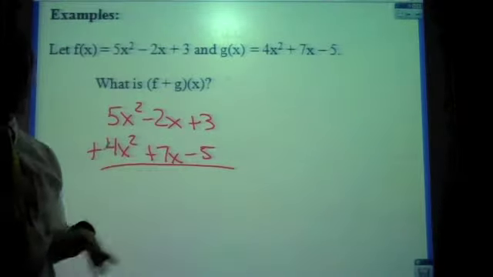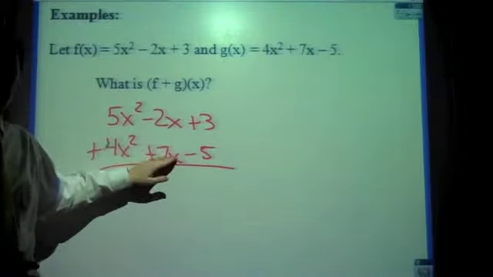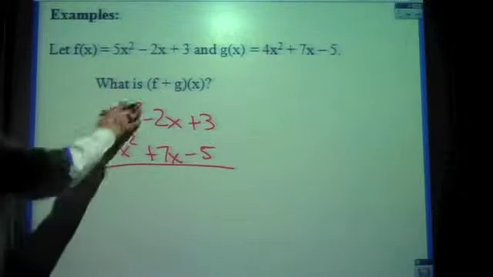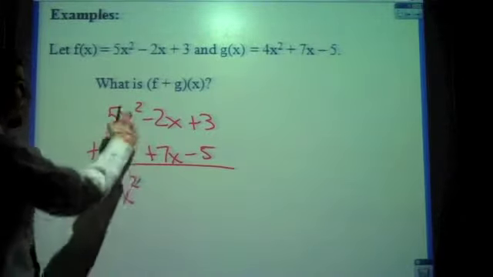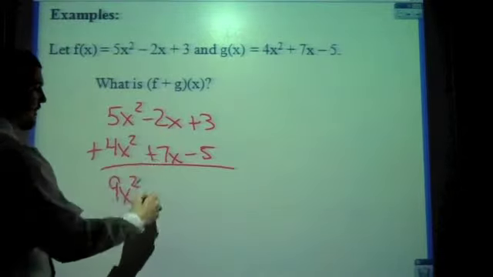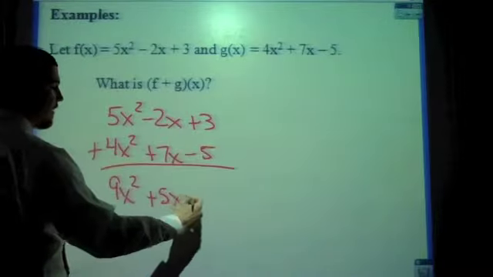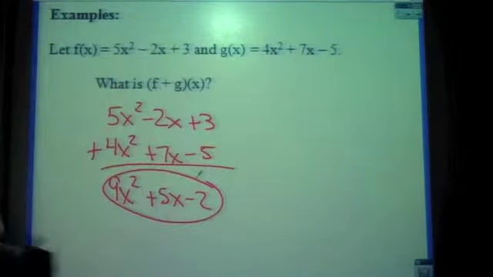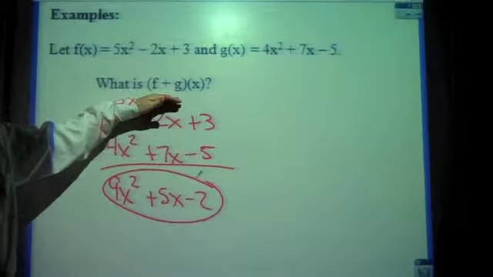Again, just like last week, if you had exponents that didn't match up, you would either leave a space underneath it or you would come out here to the front and you would write it in front. Now we're just going to add: 5 plus 4, 9x squared. Remember, when you add, you do not change the exponents. Negative 2 plus 7, 5x, and 3 plus negative 5, negative 2. Final answer. Same thing you did on Friday, it just looks different from the original problem.